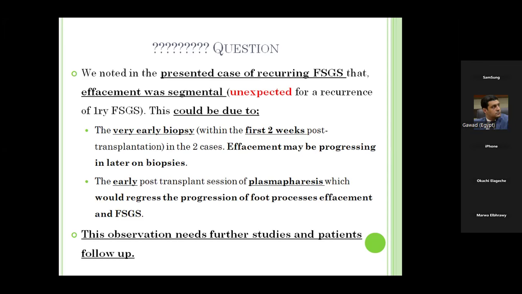This could be due to a very early biopsy; however, diffuse effacement could occur at this time. And this could also be due to the early post-transplantation sessions of plasmapheresis, which would regress the progression of effacement and focal segmental glomerulosclerosis. And again, this observation needs further studies and patient follow-up.